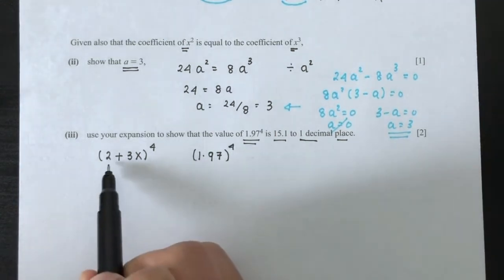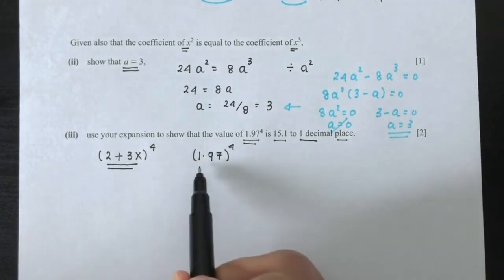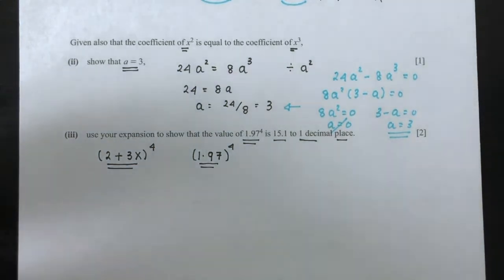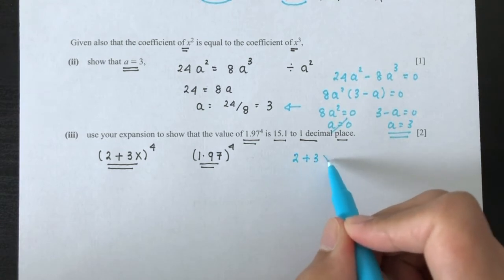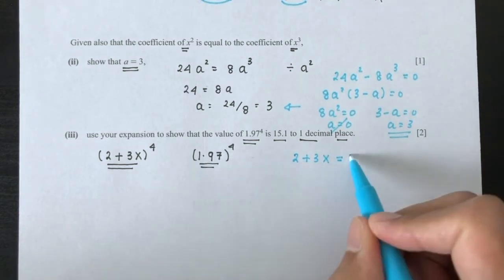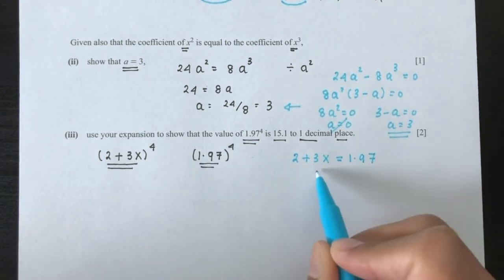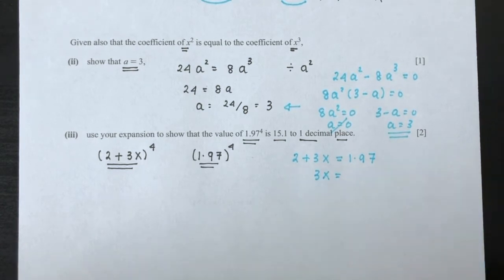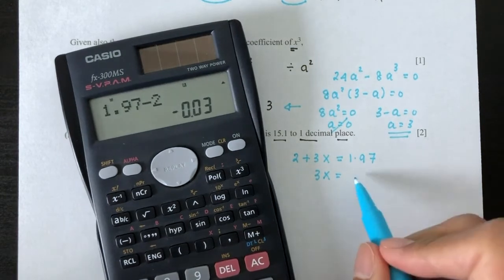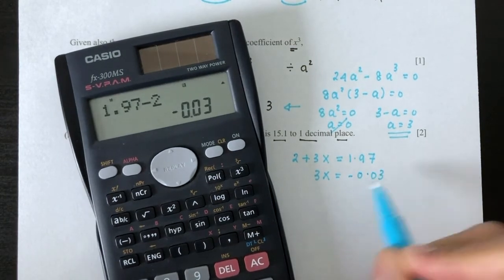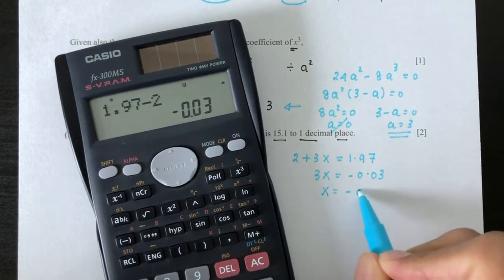So the inside has to be the same because they're the same powers. So let's compare. On the inside we have 2 plus 3x has to equal to this one. Let's find the value of x. X will be 1.97 minus 2. That will be minus 0.03. X has to be minus 0.01.